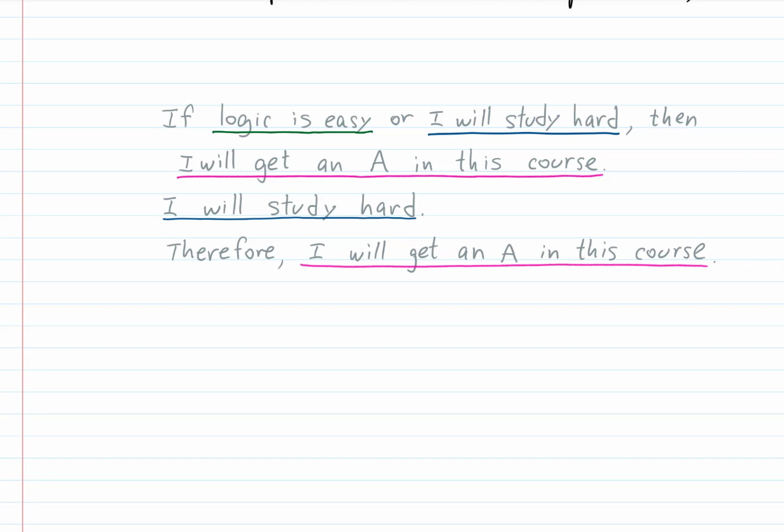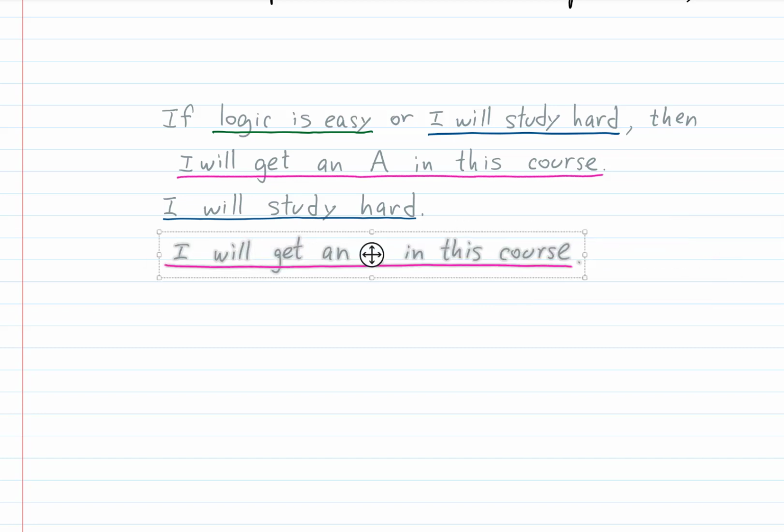The word therefore there is not doing anything logical. In fact, you could leave it off entirely. That is the same argument. The presence of the word therefore or deleting it does not change the argument at all.